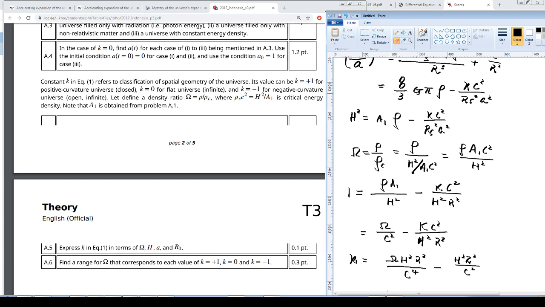Oh, because that's A1 rho. So I must have omega h squared. No, but I'm dividing h squared.